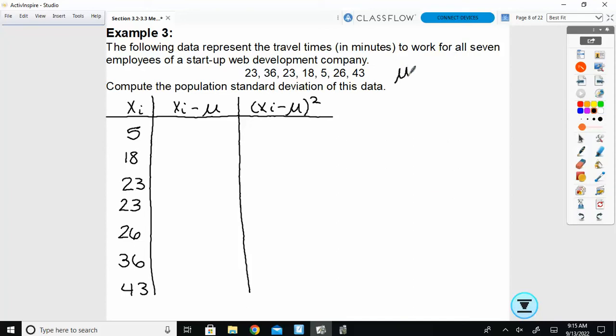Yesterday we found the mean for this. Anybody flip back in their notes yesterday and look what we got for our mean for this? So like 24.9. Okay. I am going to keep a few more decimals. It's actually like 24.857.